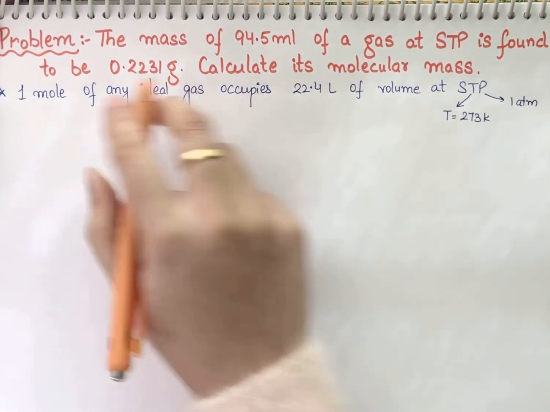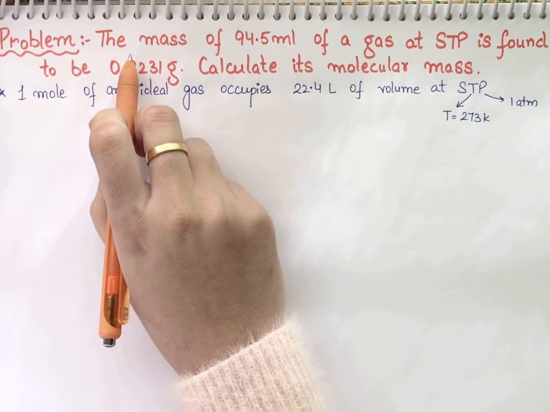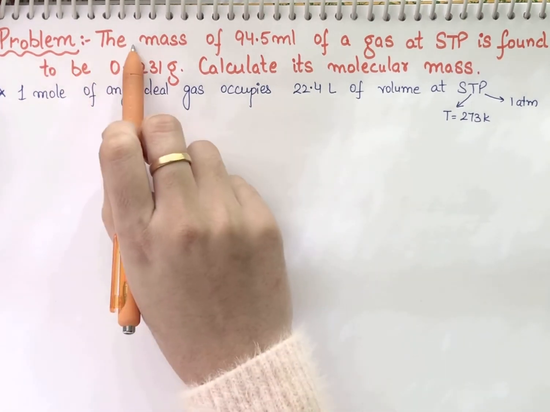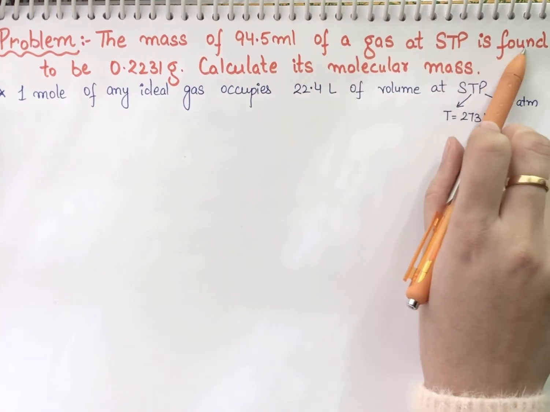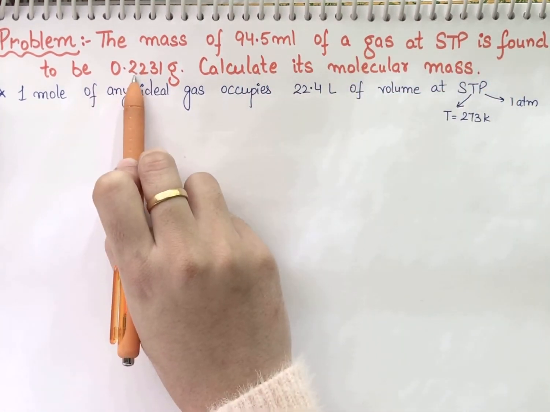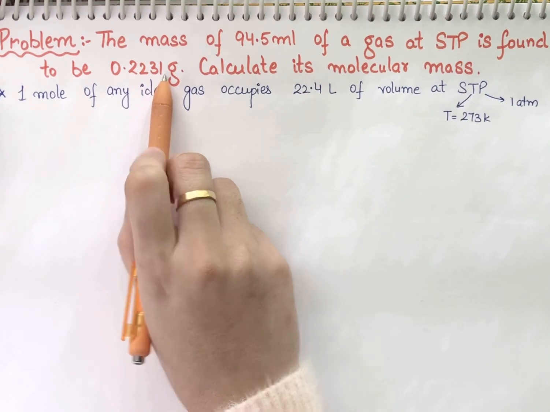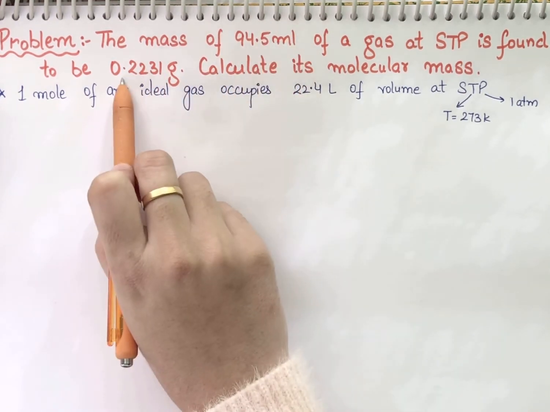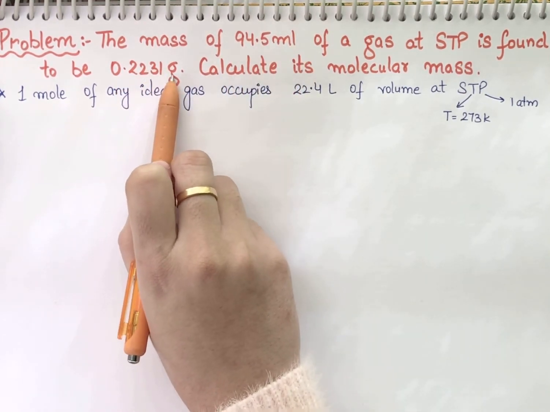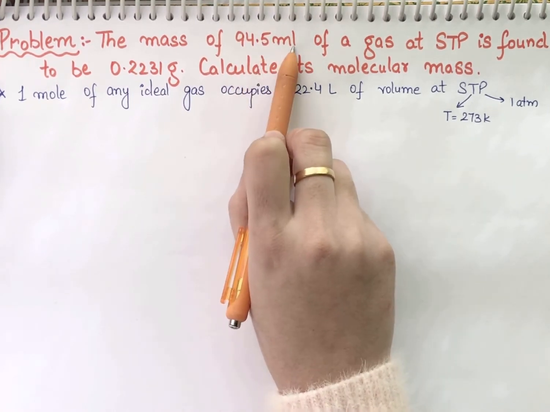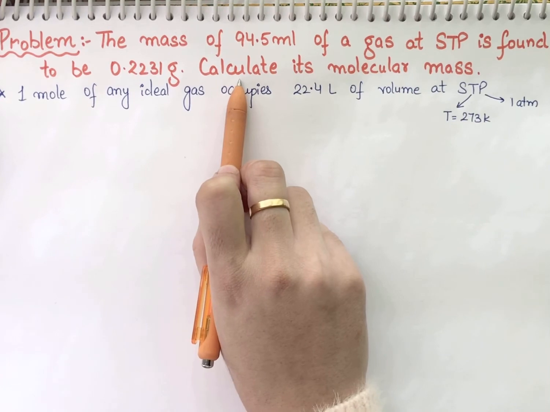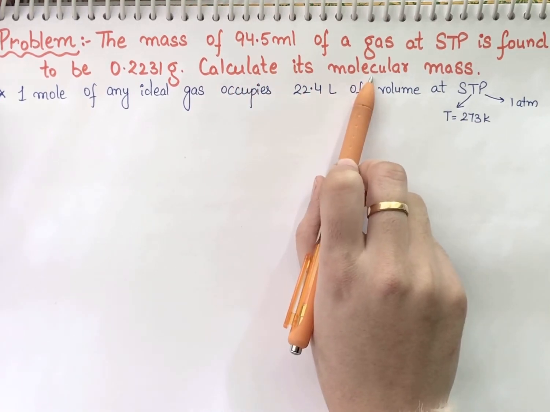Now let's go through the statement of this doubt. What they are saying, the mass of 94.5 ml of a gas at STP is found to be 0.2231 gram, right? You're having a gas whose mass is 0.2231 gram and it is occupying 94.5 ml of volume. Now they are asking you to find its molecular mass, right?